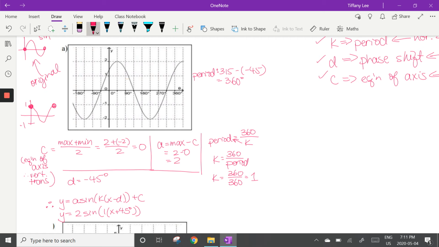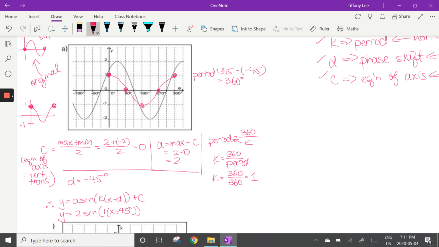So same thing here. Actually, you know what might be helpful if we draw out our parent cosine function. Let's do that. So it's like this, it's going to go down and then come back up. Right, so this is my parent cosine graph.